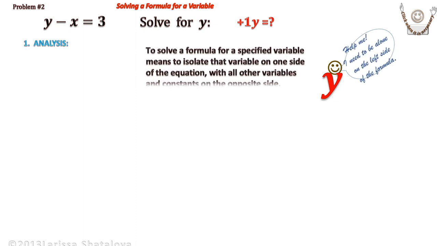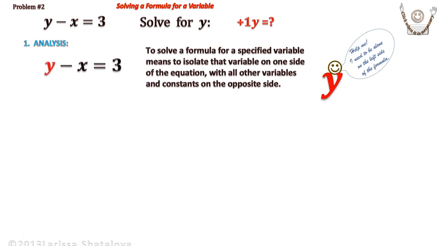To solve a formula for a specific variable means to isolate that variable on one side of the equation with all other variables and constants on the opposite side. Okay? We can copy our equation or formula, and I color y in red because I want to see more clearly which variable is supposed to stay alone on the left.